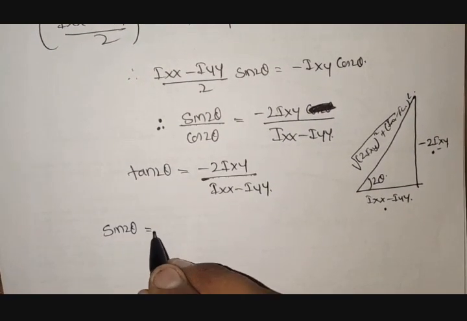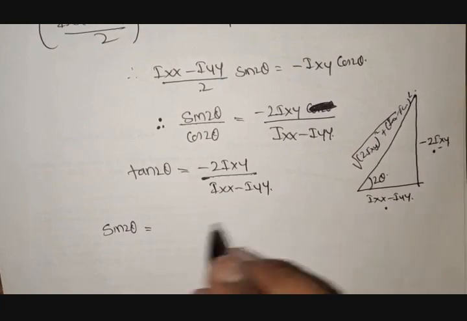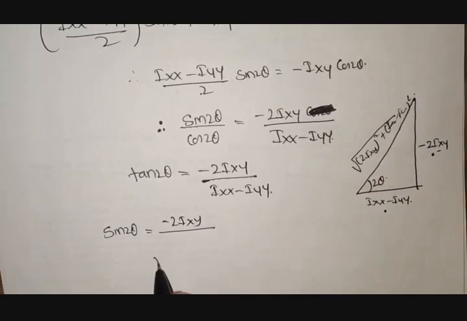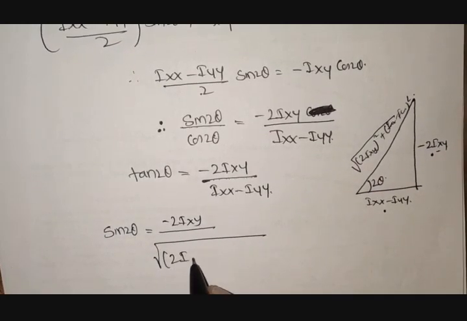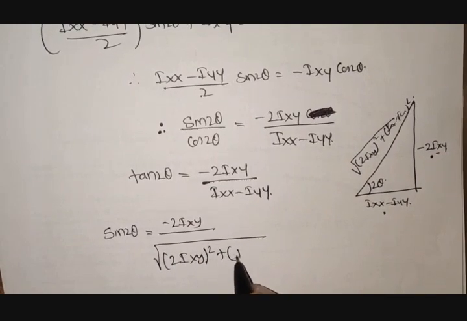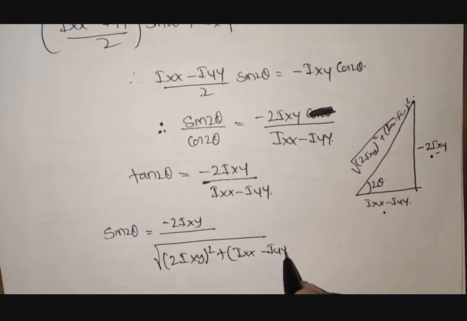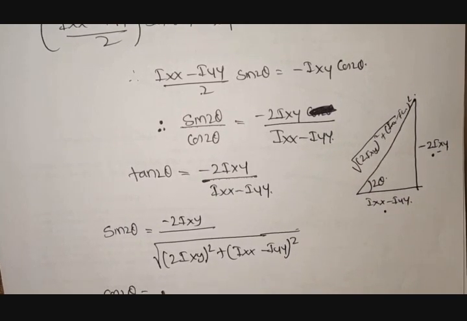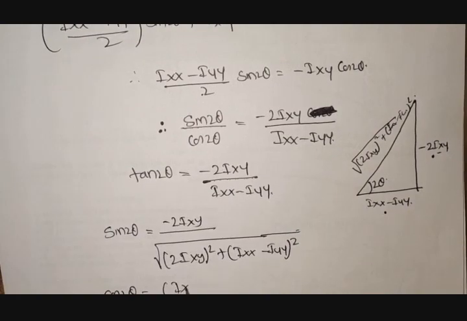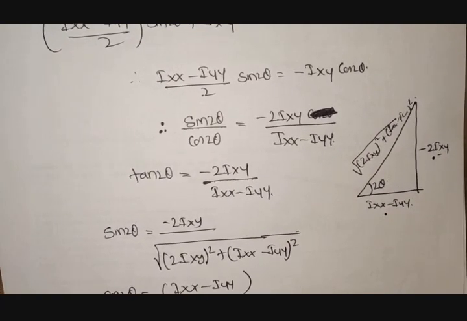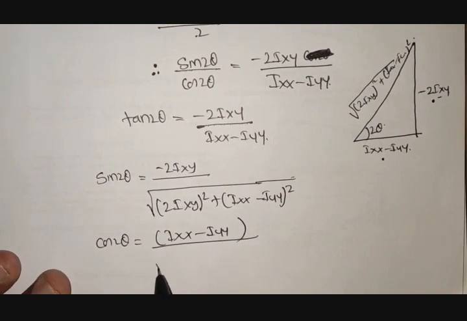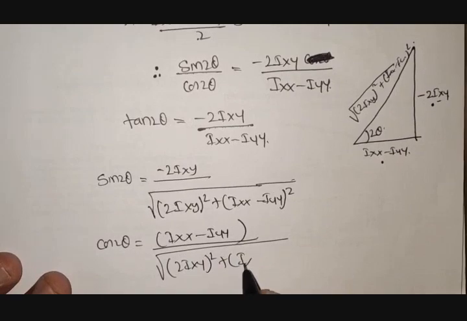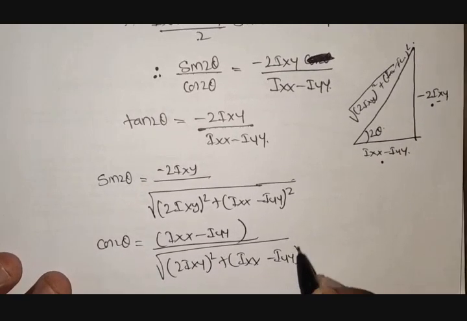Sin 2 theta is equal to opposite by hypotenuse, which is minus 2Ixy by root of (2Ixy) whole square plus (Ixx minus Iyy) whole square. Similarly, cos 2 theta is equal to adjacent by hypotenuse, that is (Ixx minus Iyy) by the same root.